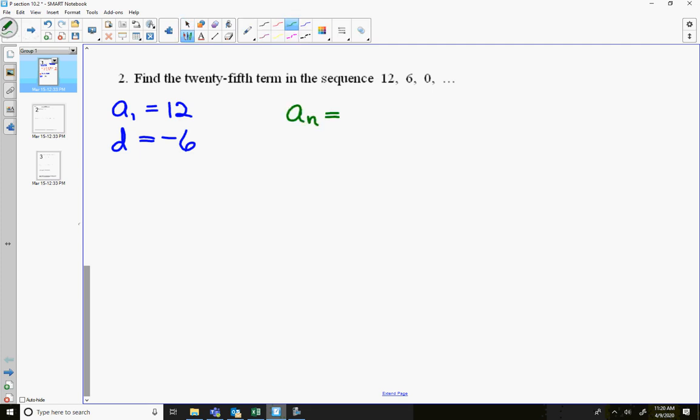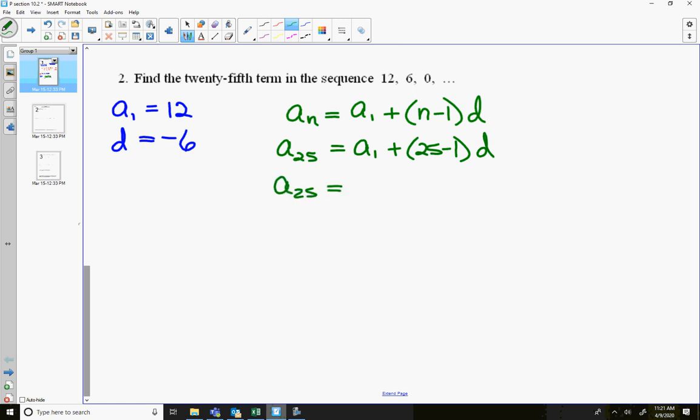We just said it: the nth term will equal the first term plus n minus 1 times that common difference. In this case, we are looking for the 25th term, so I want a subscript 25. The 25th term will be the first term plus 25 minus 1 times that common difference.